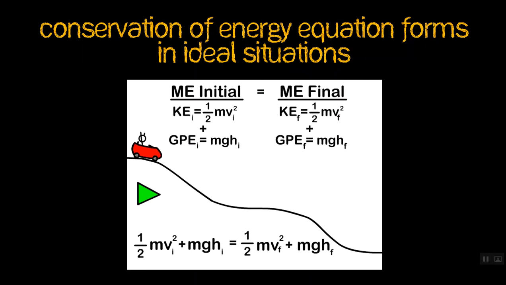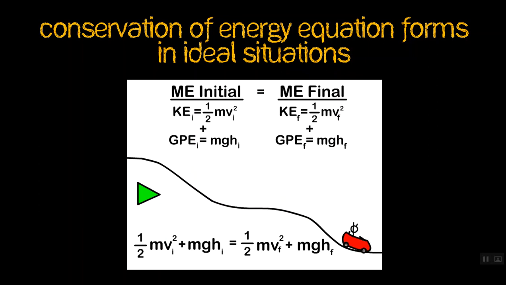So if we look at the following example, the total or mechanical energy initial is equal to the total or mechanical energy final. To get the initial energy, we know at the highest point it starts from 0, so the kinetic energy is 0, and the energy is due to its height. At the bottom, the height is 0, so there's 0 gravitational potential energy, but the energy is due to its speed.